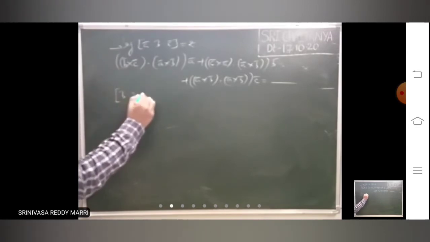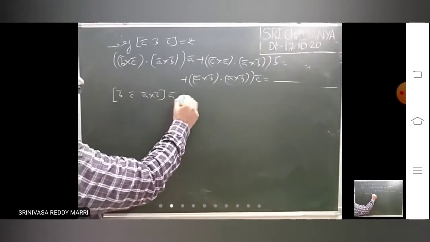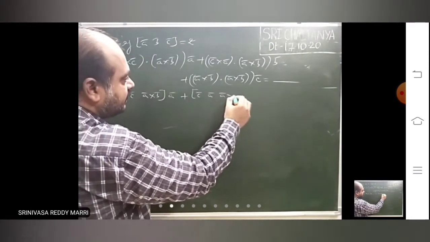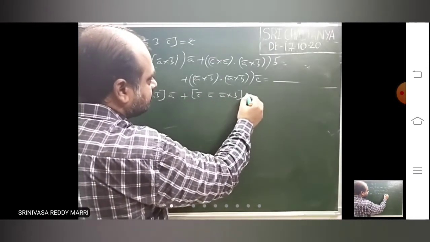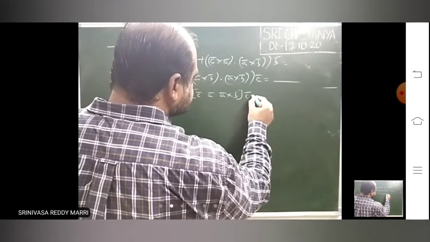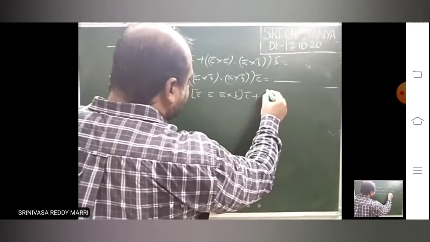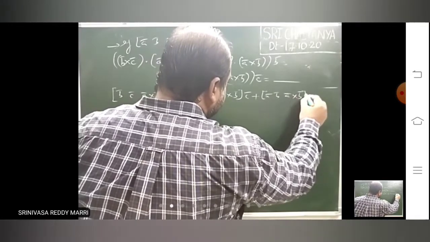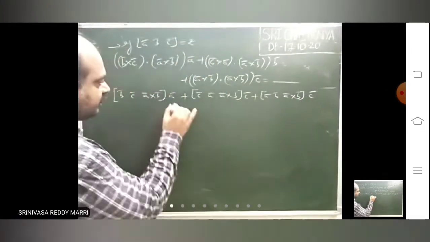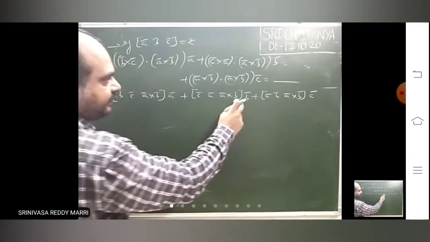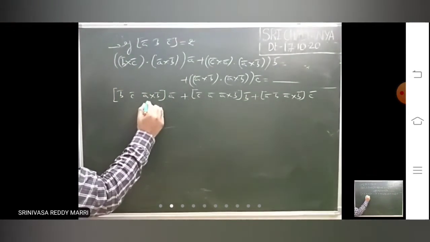This is box of B bar, C bar, A bar cross B bar into A bar plus this is box of C bar, A bar, A cross B into C bar, plus this is box of A bar, B bar, A cross B into C bar. Now you can observe A, B, C, A, B, C. This is R bar.